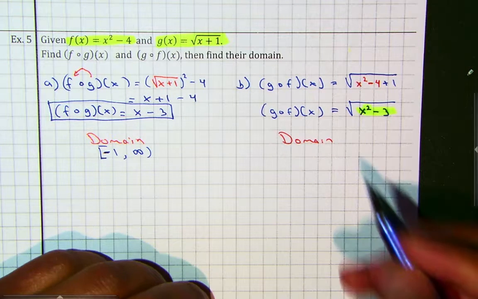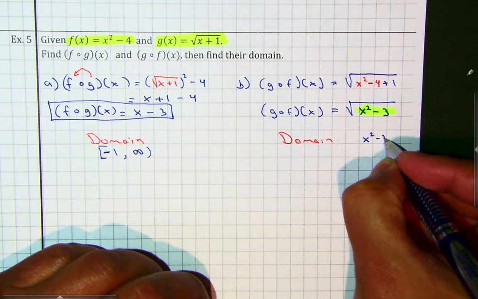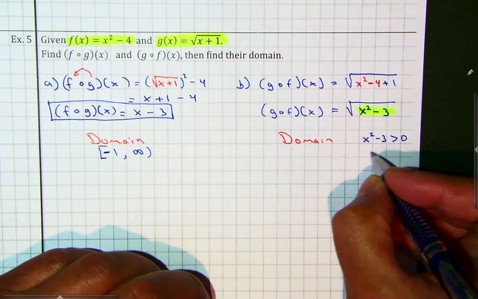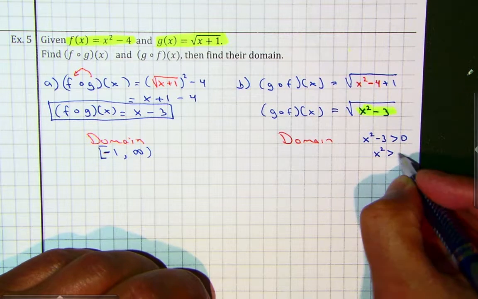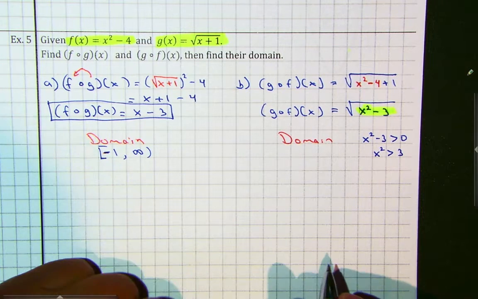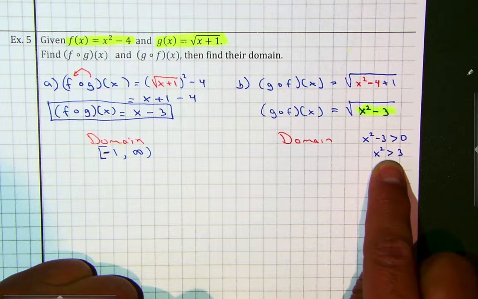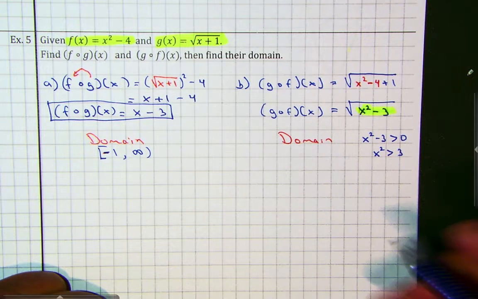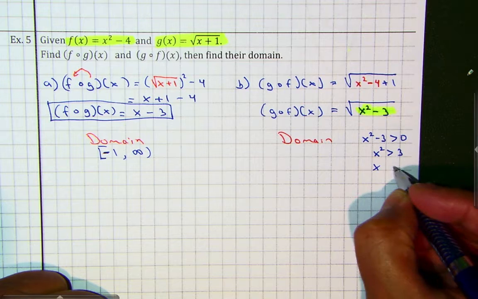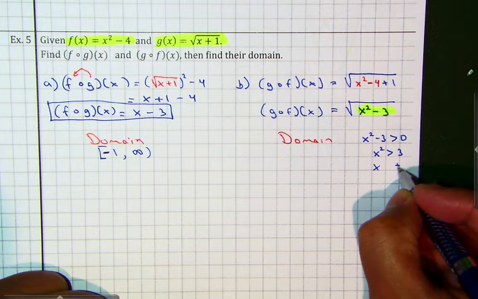So x squared minus 3 has to be greater than 0, plus 3 on both sides, so x squared is greater than 3. And we can take the square root on both sides, but we have to be careful with the inequality. So take the square root on both sides, so therefore x is plus or minus the square root of 3.